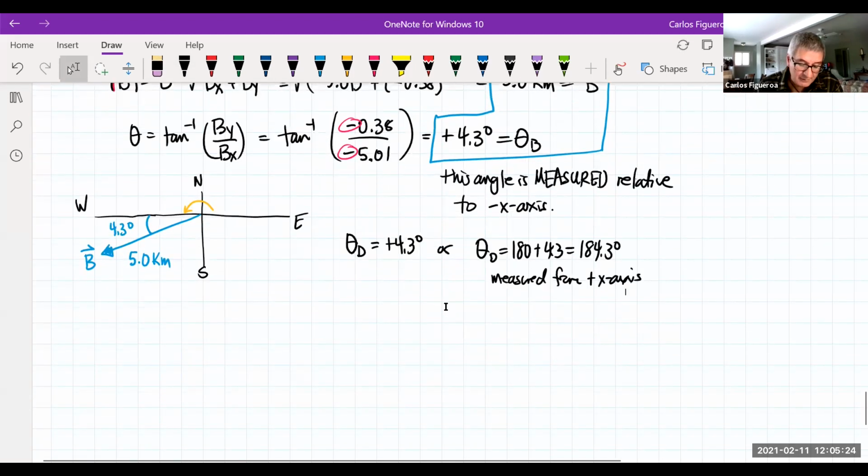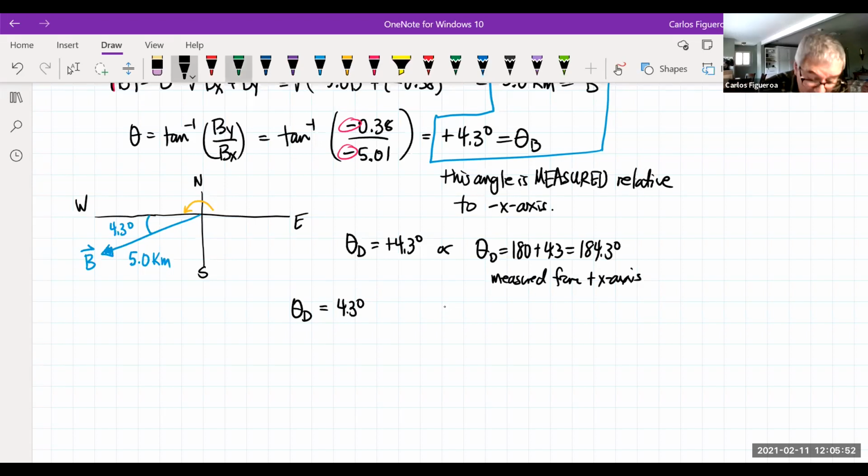Another very common way is this. Look at where we're measuring from. We could have also said that our angle is 4.3 degrees, but measured from the west axis. Look at the direction that I'm moving. I'm moving in which direction to go there?